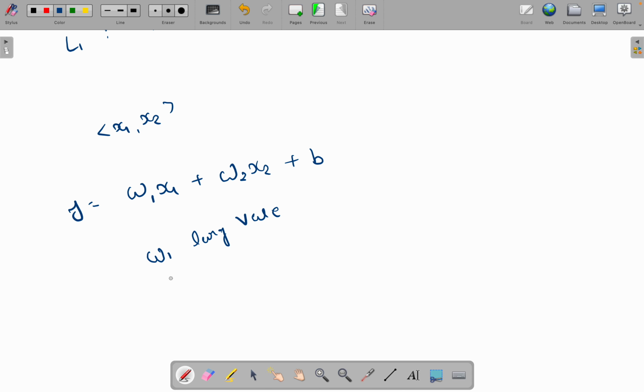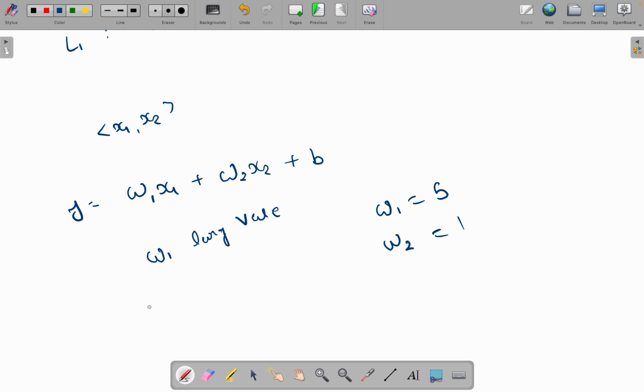We can say that while predicting y, my W1 is giving more weightage to x1. Let's say W1 is equal to 5 and W2 is equal to 1. If you calculate this equation, who will be impacted more? W1 x1, right? So we can say while predicting y that x1 is a better feature than x2. We can say x1 has more feature importance than x2 because the weight associated with it is larger.